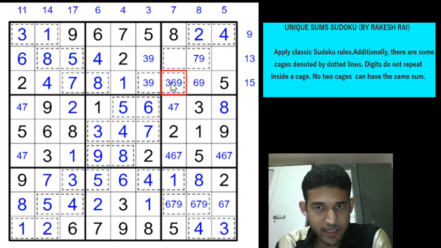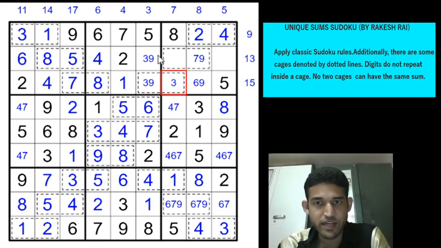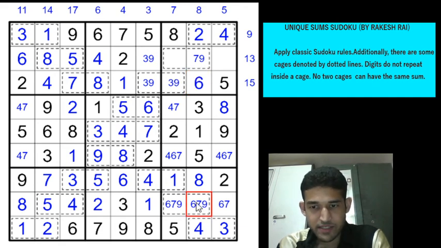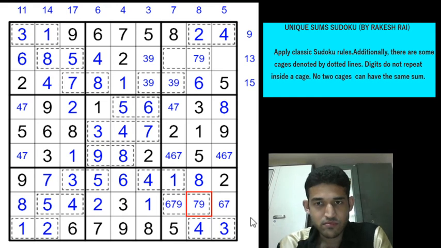If you have a 6 here, then you will have a 3 or a 9 here, so the total will either be 6 plus 3, which is 9, not possible, or 6 plus 9, which is 15, again not possible. So this is not a 6, this is going to be a 3 and a 9. That gives a 6 here and a 7 and 9 here. So we have reached a 12 also, we can mark that outside.